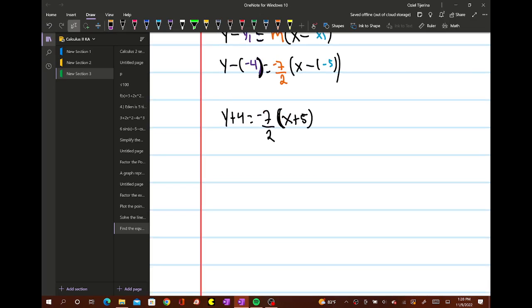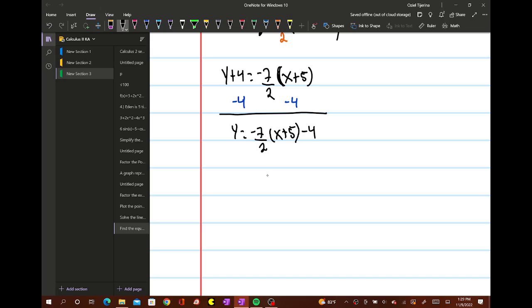Then you can either subtract 4 on both sides, which gives you y equals negative 7/2 times x plus 5 minus 4, or you can distribute first and then subtract. So y equals negative 7/2 x, and distributing, minus 35 over 2 minus 4.